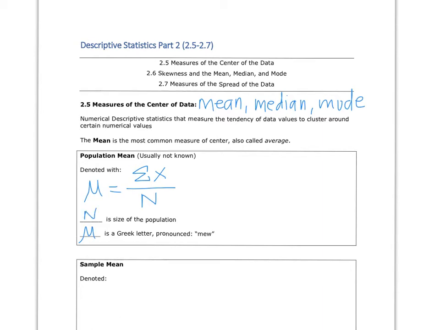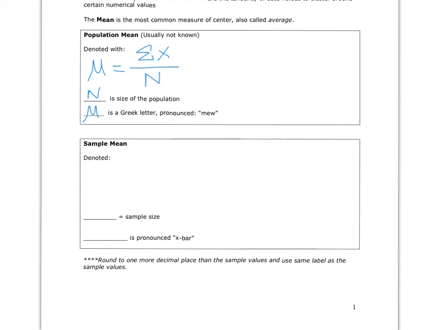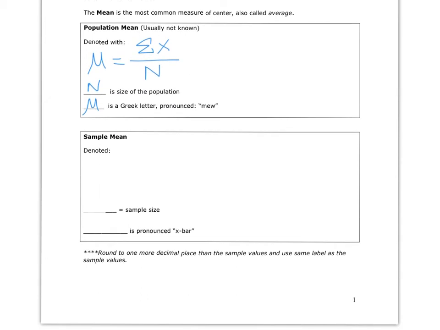Okay, so if we have access to all the population members, then that's how we would think of calculating the population mean. Now, typically, we do not have access to all the population members, so we're calculating a sample mean, right? It is denoted with x with a bar over the top of it.